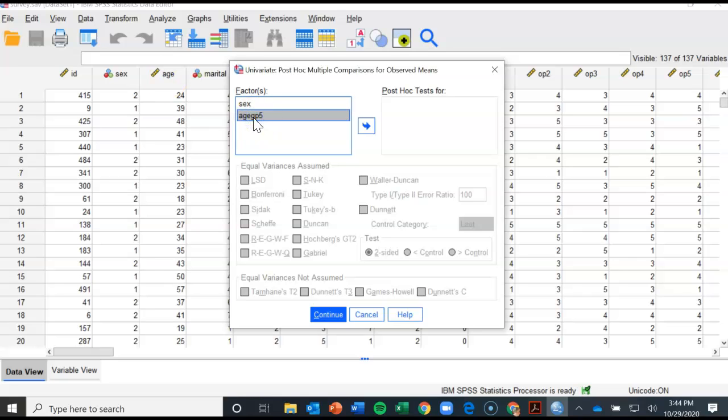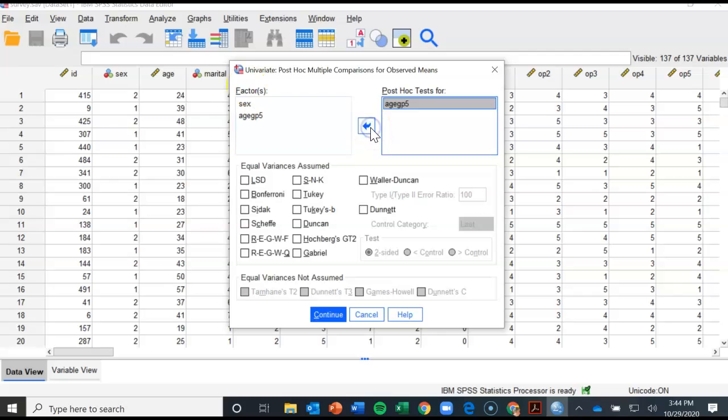There's only 2 groups to compare, but we do need post hoc tests for the 5 age groups, because basically we want to look at them by pairs, like youngest versus the next oldest, and so on. And we're going to use the Tukey test. It's actually the Tukey HSD, or honestly significant difference, which I've always thought was super funny.